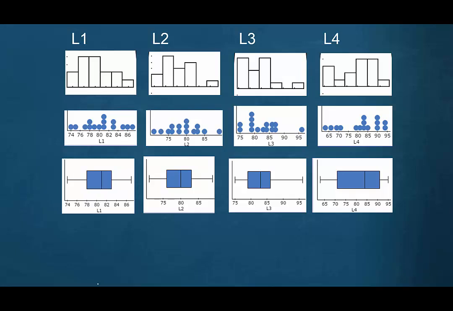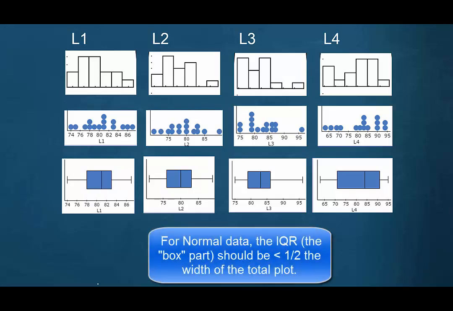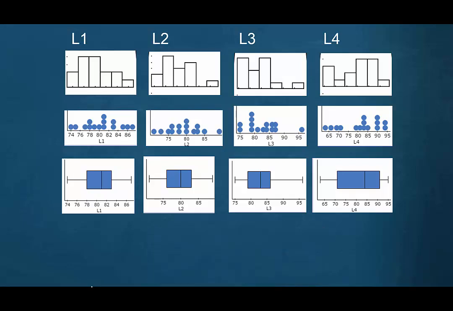Let's compare the length of the box plot, which is the IQR, to the total width, the range. So the box should be less than or equal to about half the width of the complete plot. And what raises a slight alarm for me is L4. Its box is considerably wider than half of the range.